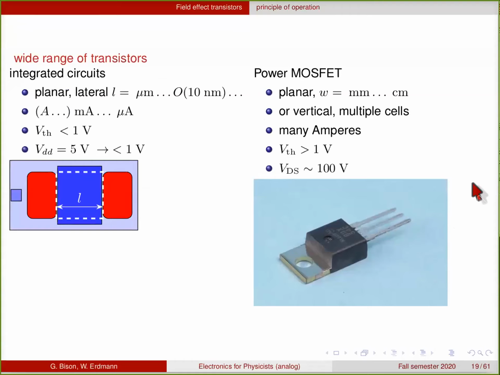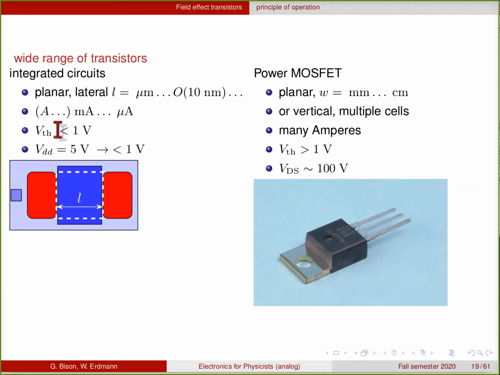Okay, so a wide range of field effect transistors exists. That goes from very small transistors in integrated circuits. They're usually in the planar technology, and the channel is lateral, so along the surface, with channel length from micrometers down to nanometers now in modern technologies.